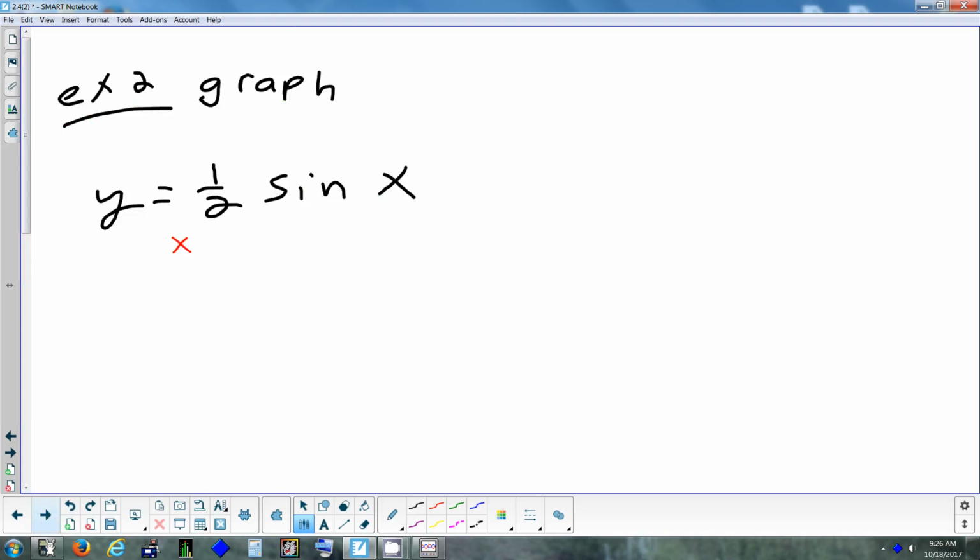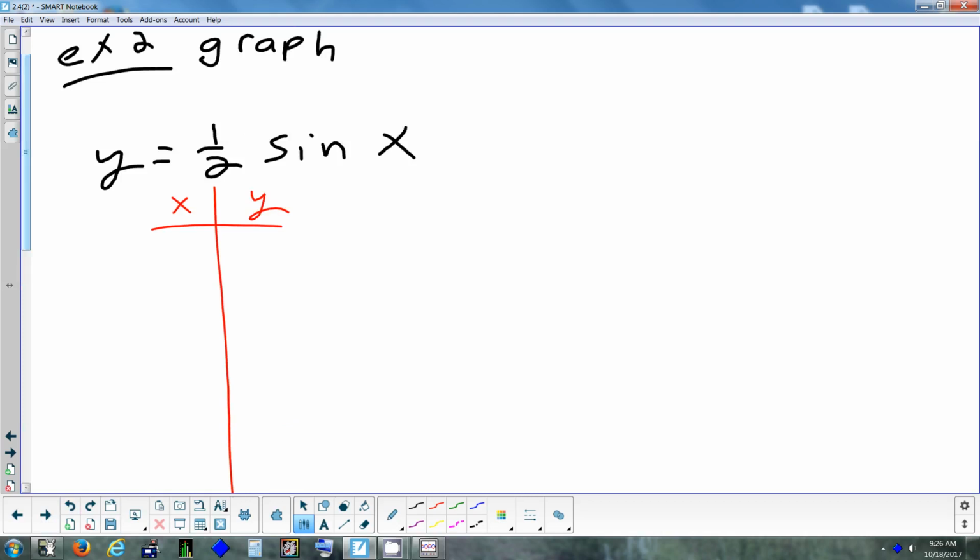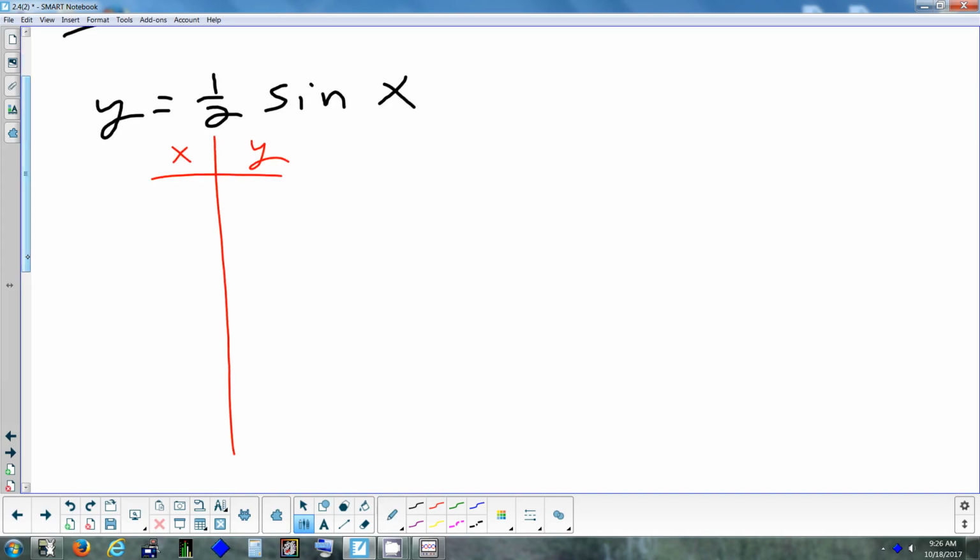Okay, let's try this one. Take a second on your own and see if you can get the table. Figure out what stays the same, what's going to change. And then once you know what's going to change, figure out how you have to change it using the number in the problem.